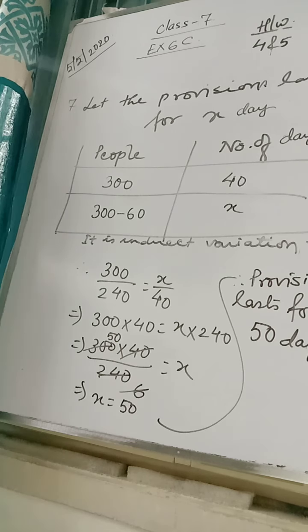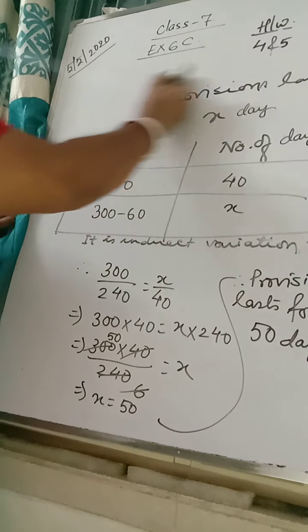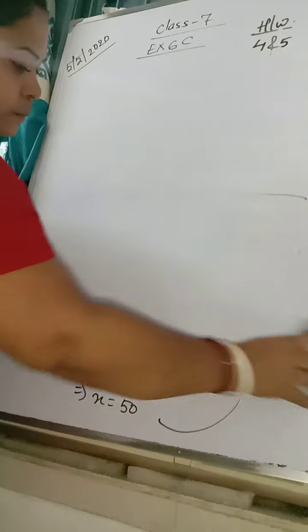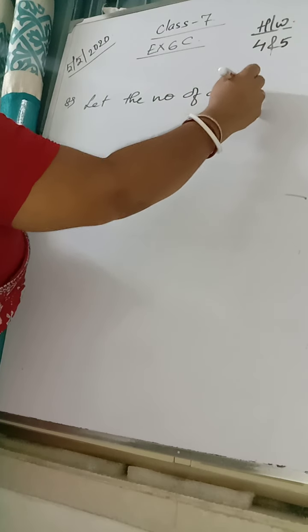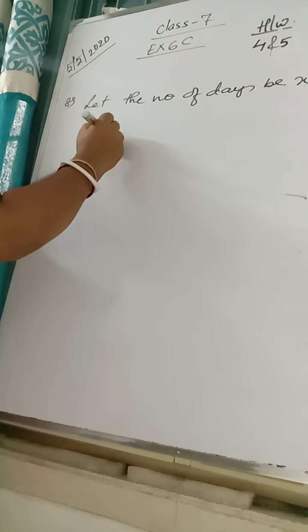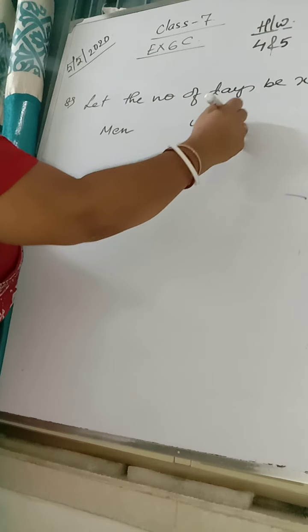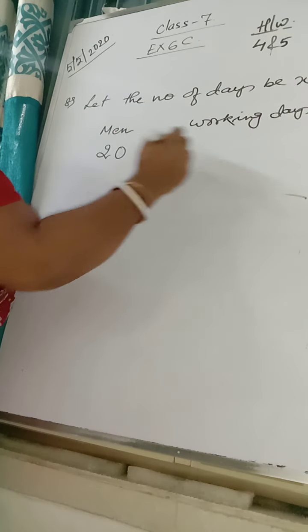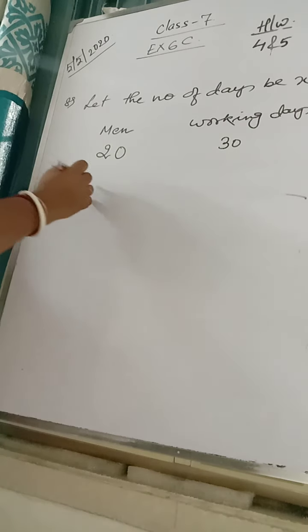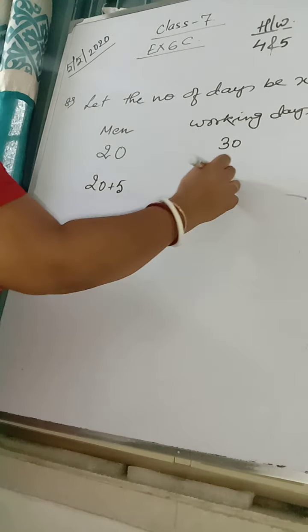Look at number 8. Let the number of days be X. Men, working days. 20 men, 30 days. 5 more men joined, so 20 plus 5 have joined, for X days.